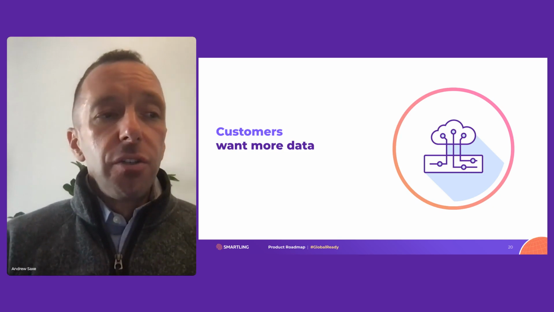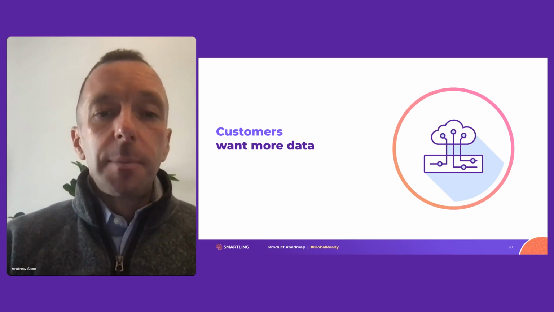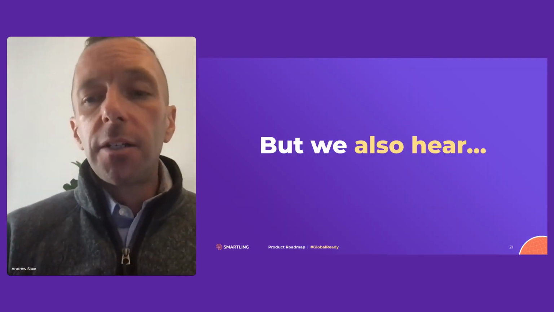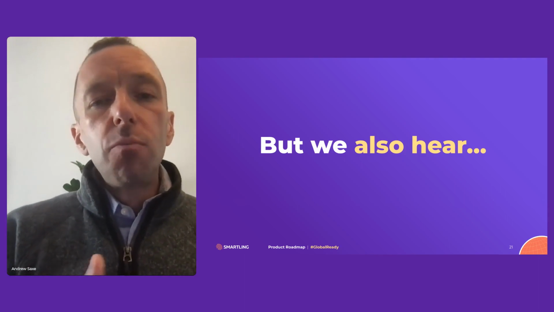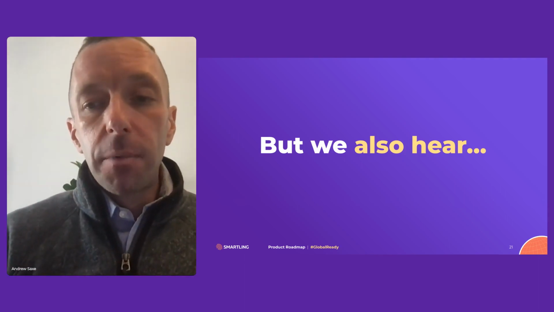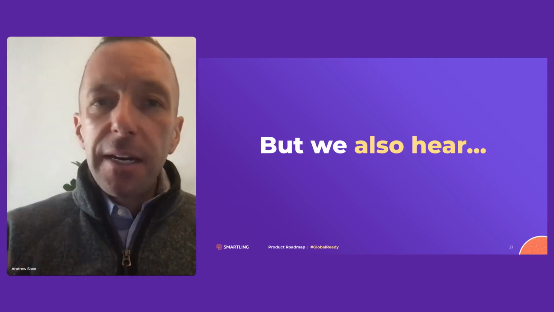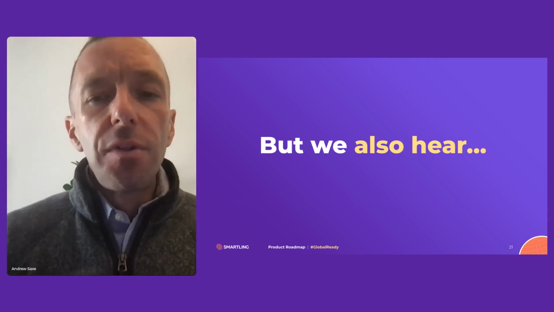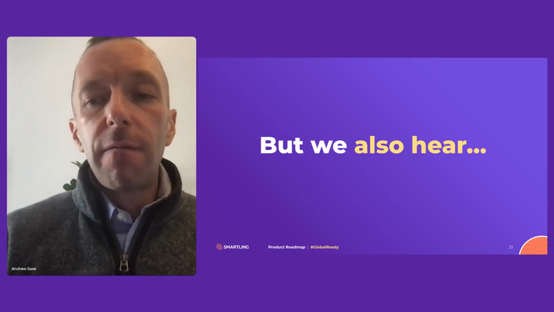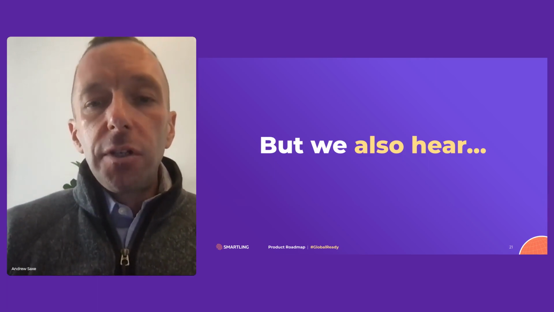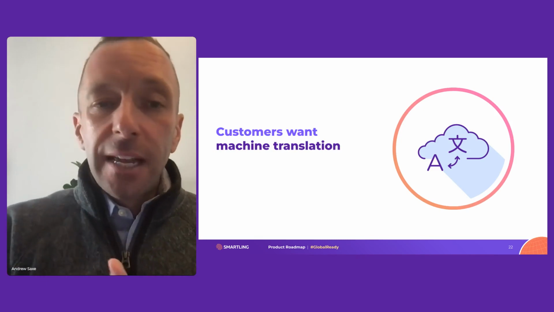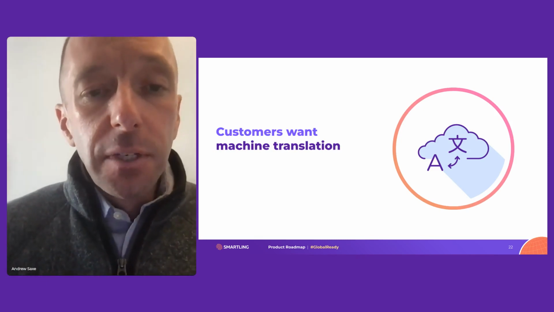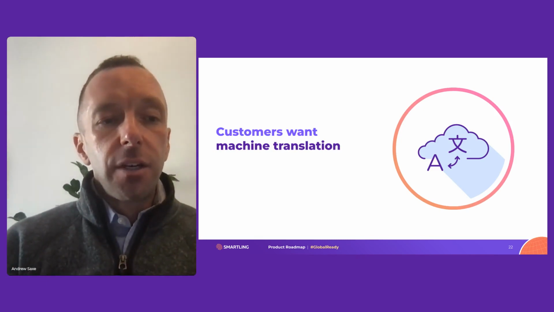In addition to the specific feature requests we hear from customers, we also hear more general topics that come up from customers. And we've had several meetings with groups of customers over the last several months where these topics have really been front of mind. First, machine translation. There was a session earlier today that I was a part of where we talked about machine translation.